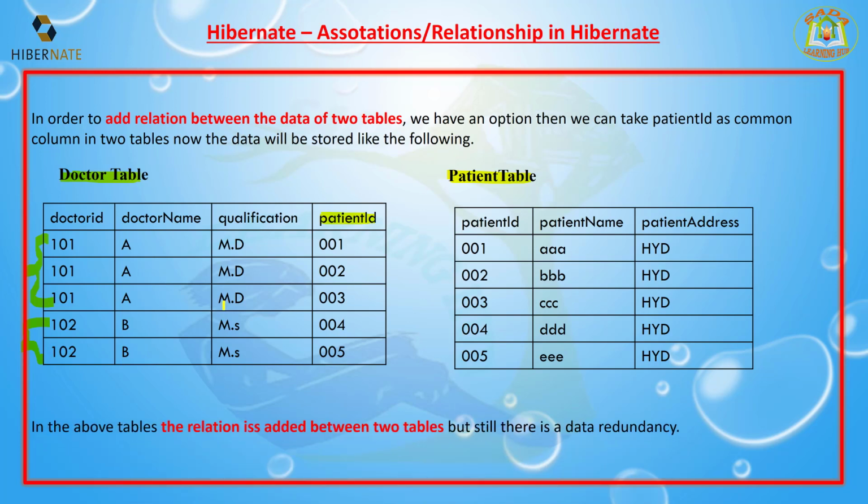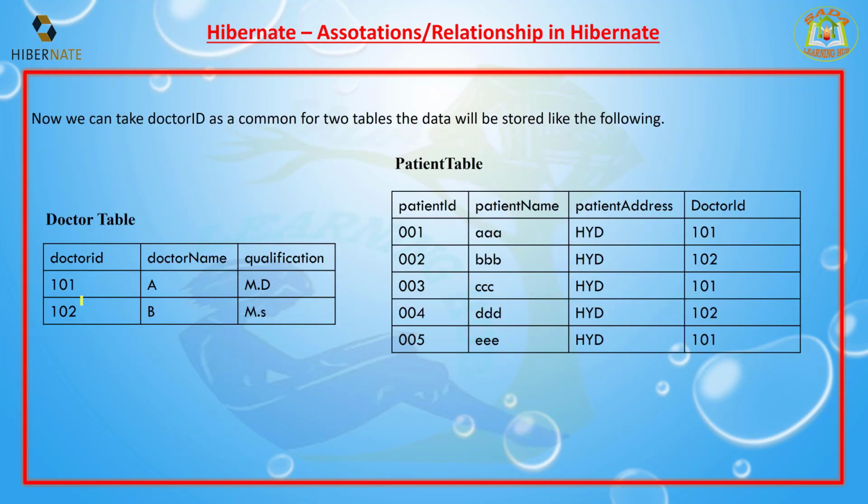Now if you see in these tables, a relationship is added between the two tables, but still there is data redundancy. 101 is repeating three times and 102 is repeating two times. Now we can take the doctor ID as a common column instead.